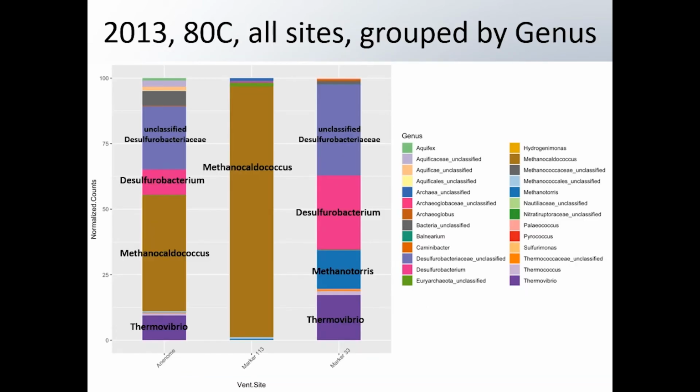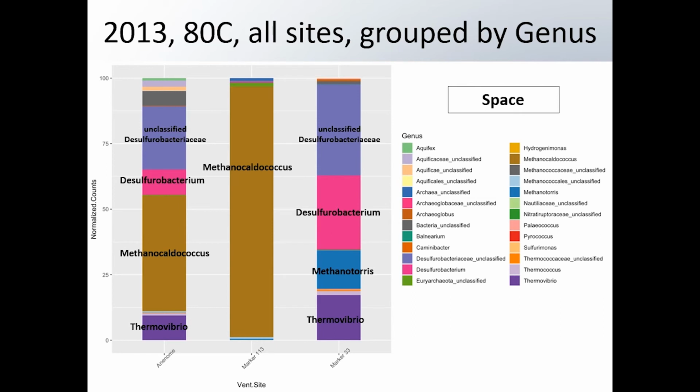So now I created these graphs to compare results over space, time, and different geochemical gradients. This one is over space across all 3 vent sites at a single temperature of 80 degrees C during the year 2013.